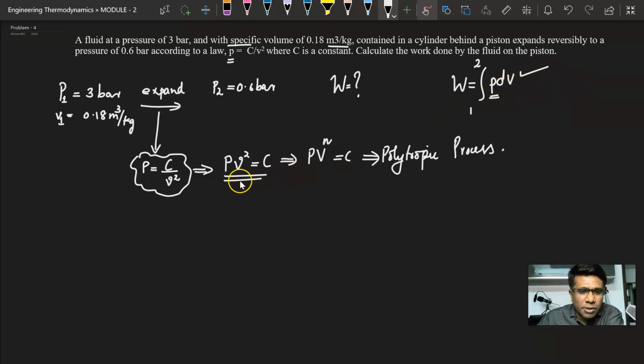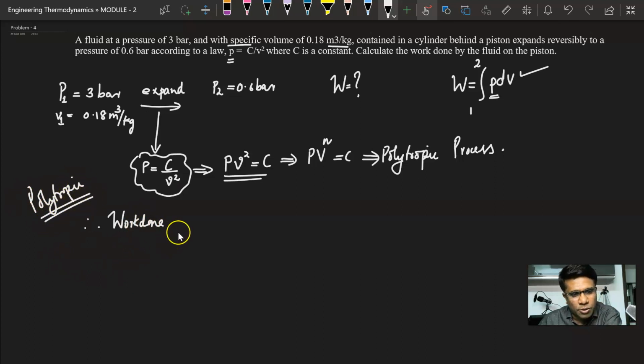Instead, if I understand that P equal to C by V square is PV square equal to constant, that is, if I take V square to this side, it becomes a polytropic process. Therefore, I know the work done in case of a polytropic process. In case of a polytropic process, the work done W is equal to P1 V1 minus P2 V2 by N minus 1.